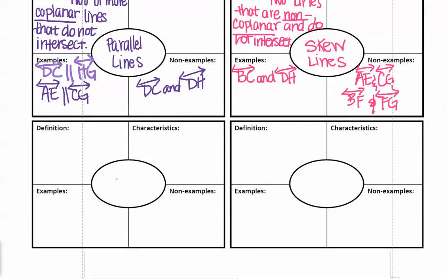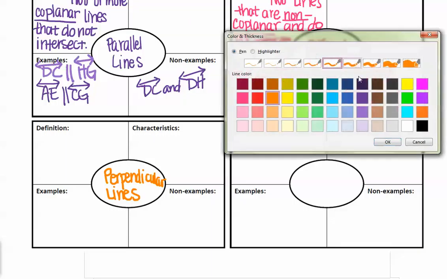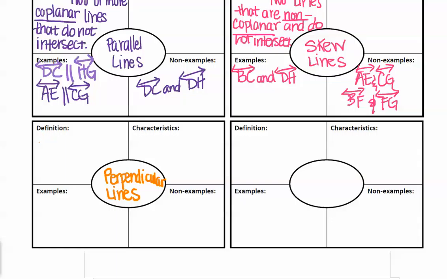So perpendicular lines is our next one. We're including it because it's going to be part of your homework, although we've seen it before. They are definitely on the same plane, so it's two coplanar lines that intersect at a right angle.